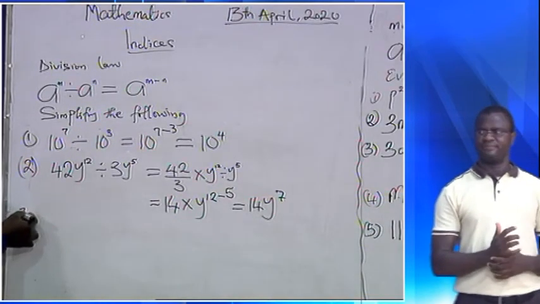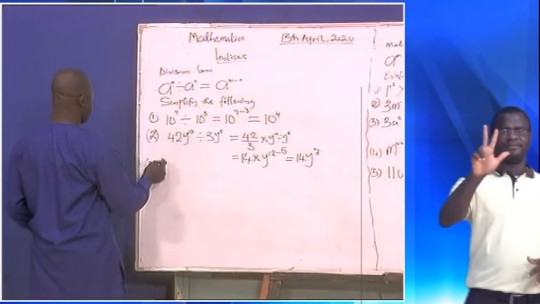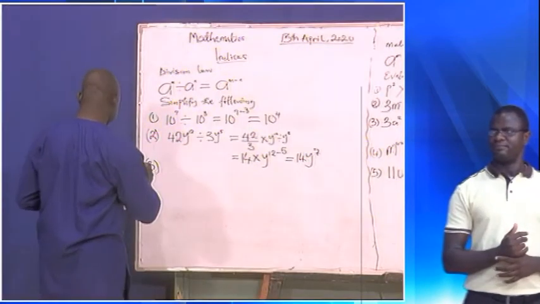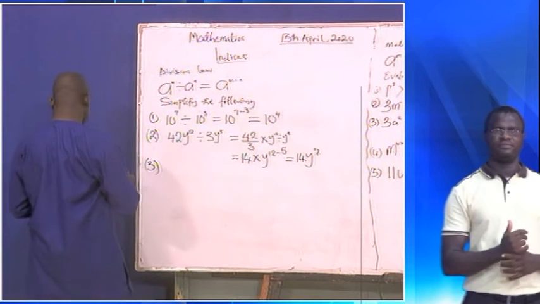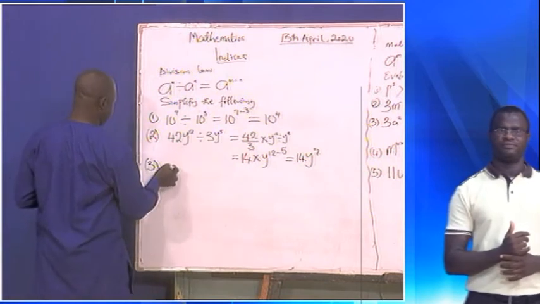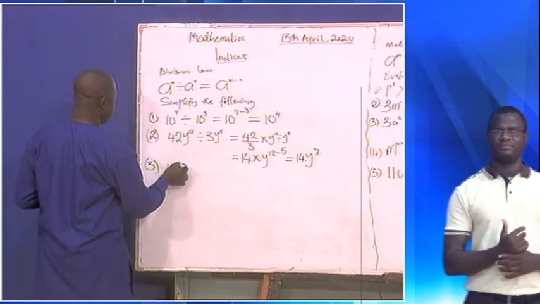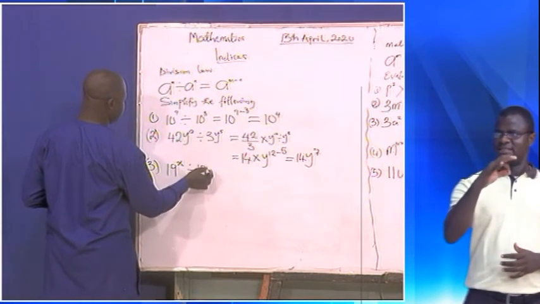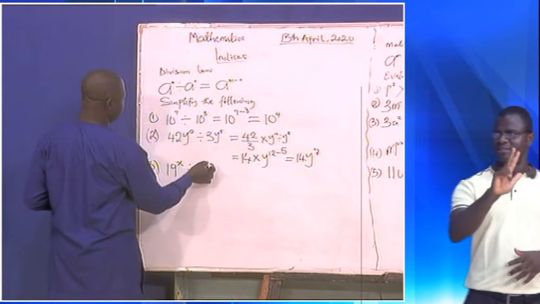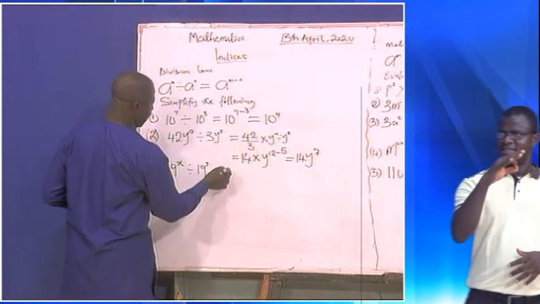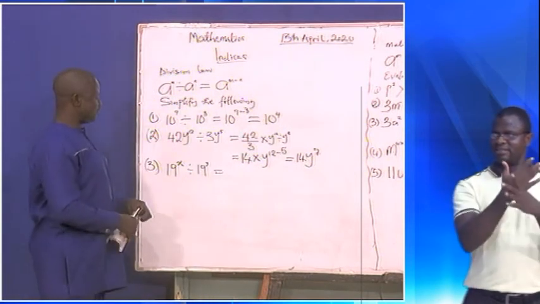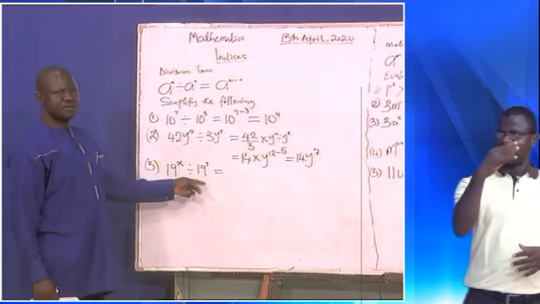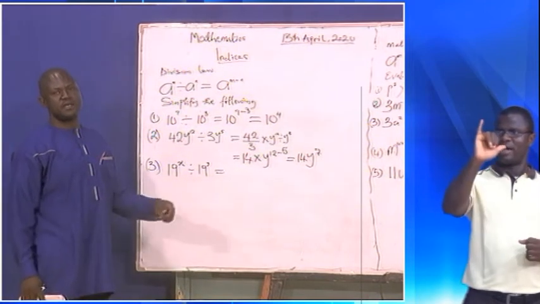So if we move to the next question, which says 19 raised to power x divided by 19 raised to power of y. In this example, 19 is the common base.